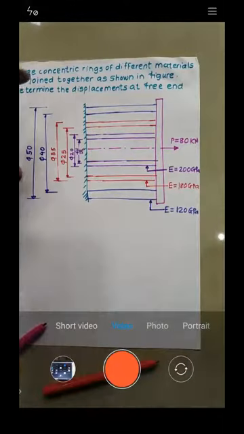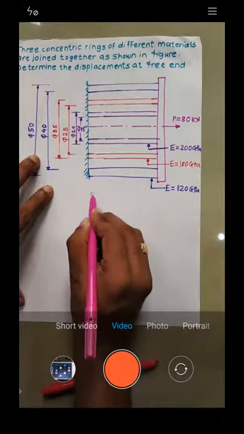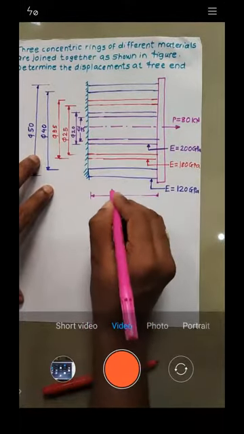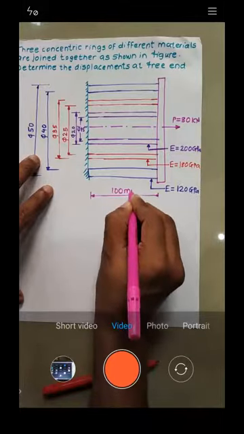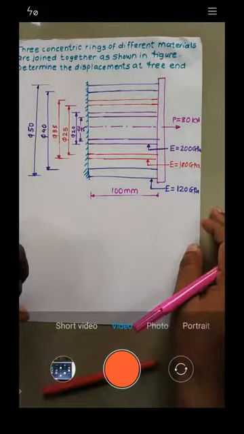Is that okay? And the length of each ring is 100 mm. Is that okay, all of you?